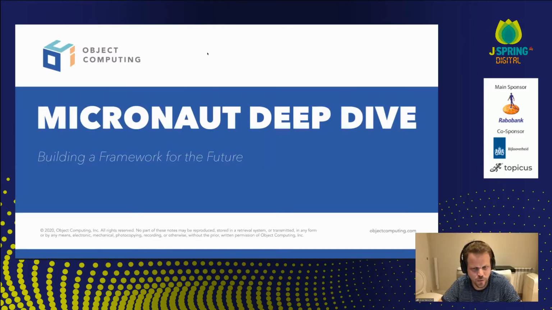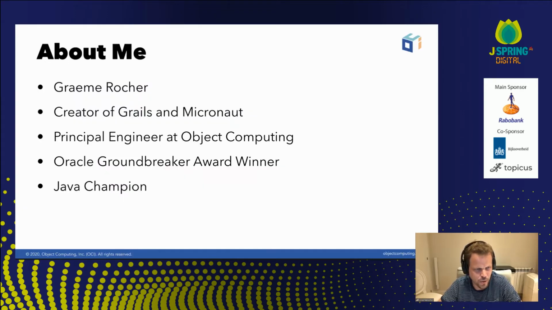Pleasure to be here at JSpring Digital. As mentioned, I'm going to be doing a deep dive into Micronaut for those of you who are not familiar with it. And for those of you who are not familiar with me, my name is Graeme Rocher, and I created a couple of relatively well-known frameworks in the Java ecosystem in Grails, which is now 13 years old, and more recently Micronaut.